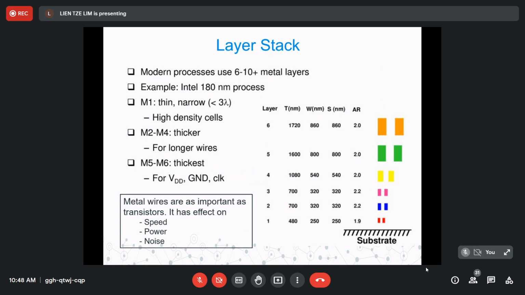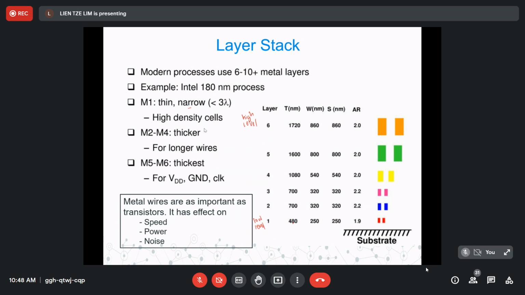So this is the low level layer, and this is the high level layer. For the low level layer, you see here the thickness is thin or narrow. This is for high density cells, meaning that in the chip there are many cells.